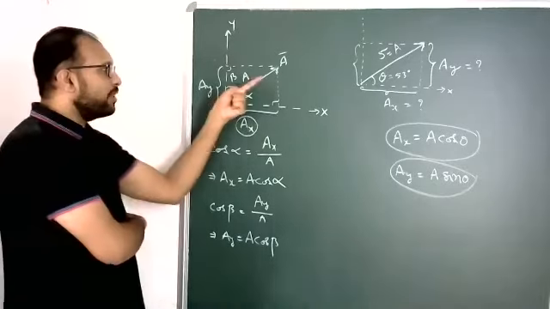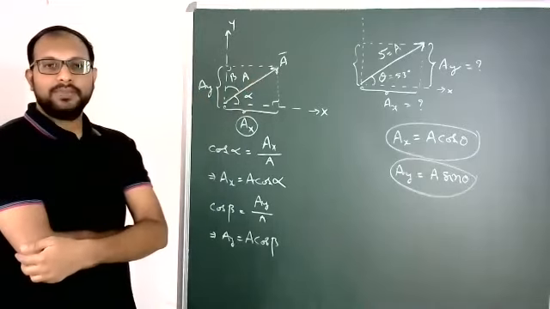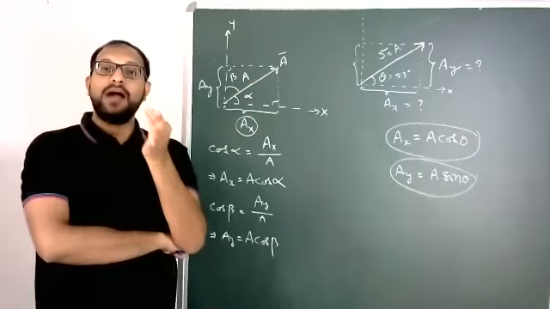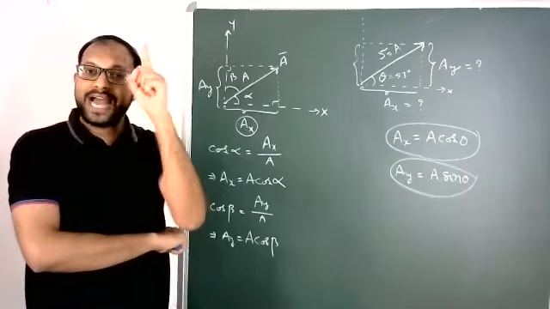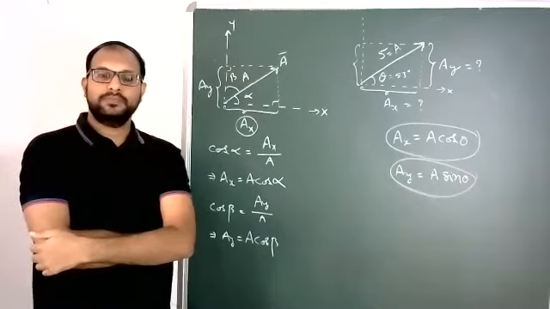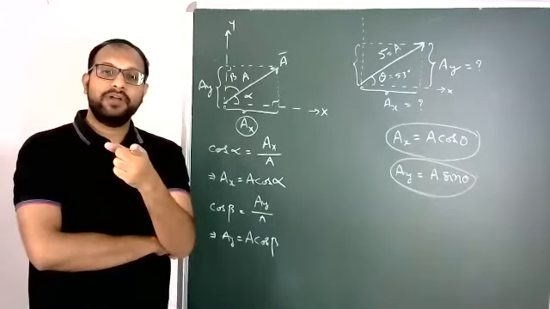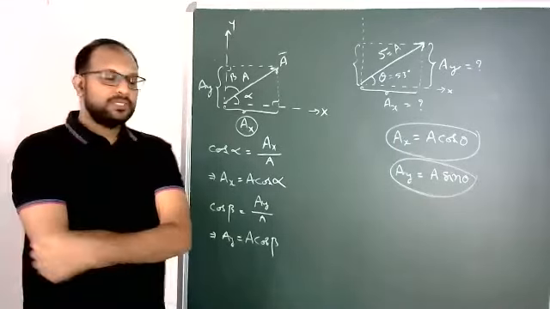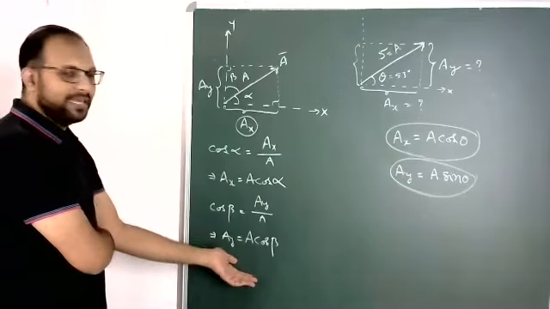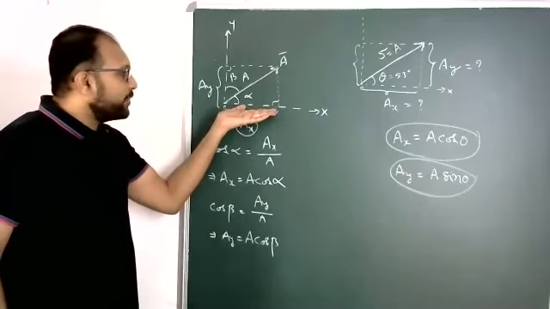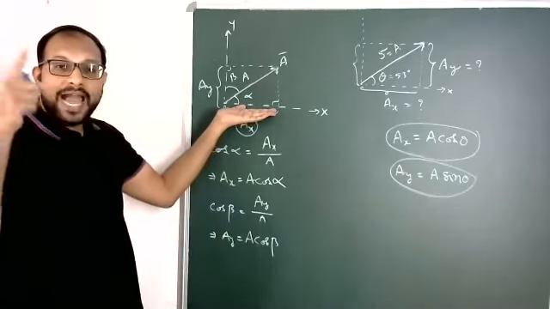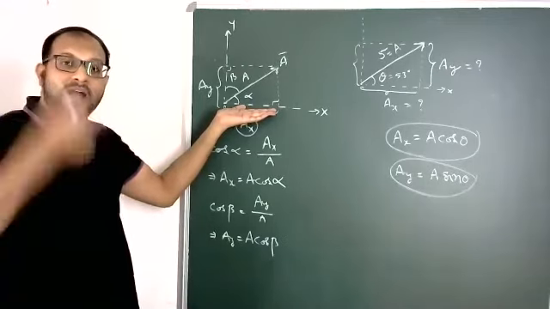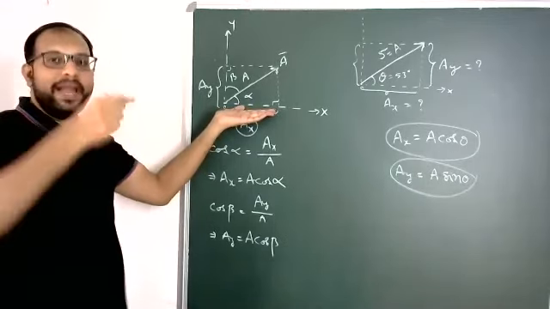Similarly, suppose this vector makes an angle gamma with the z-axis, you can write Az equals A into cos gamma. So for that purpose, whichever component you need, take the angle with that axis, cos of that angle into the magnitude of the vector.